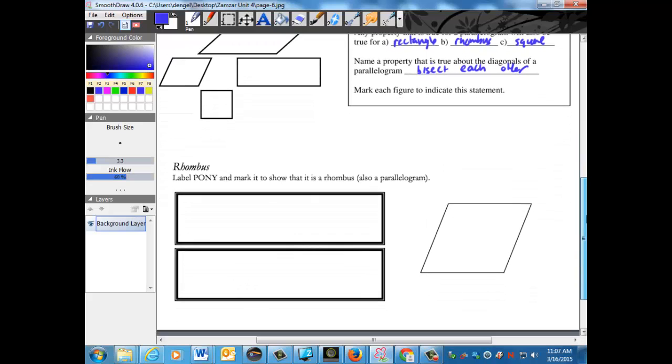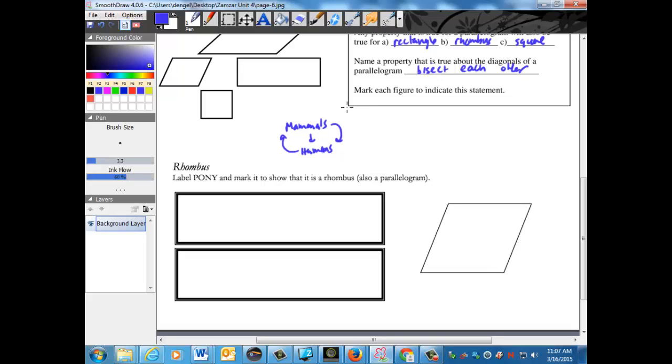We're going to prove that a shape is a rhombus, and what makes a rhombus different from a parallelogram. Remember, this gets back to mammals and humans. All humans are mammals, but not all mammals are humans.